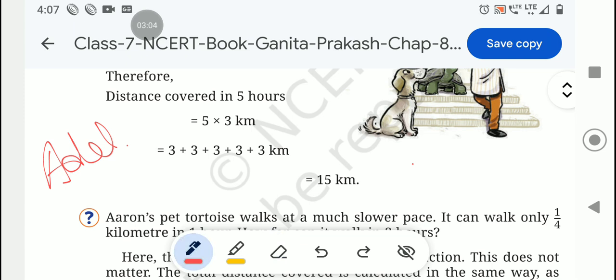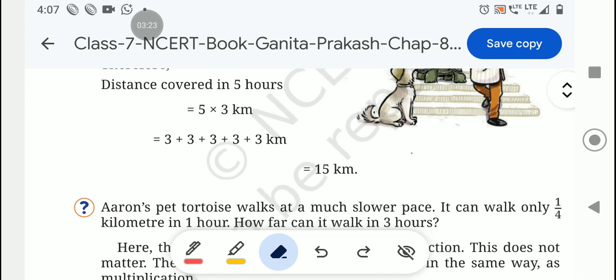But in addition, 3 plus 3 plus 3 plus 3 plus 3 kilometers, the answer is 15 kilometers. See, 1 time, 2 times, 3, 4, 5. So 5 times they are adding 3 to get the answer 15.